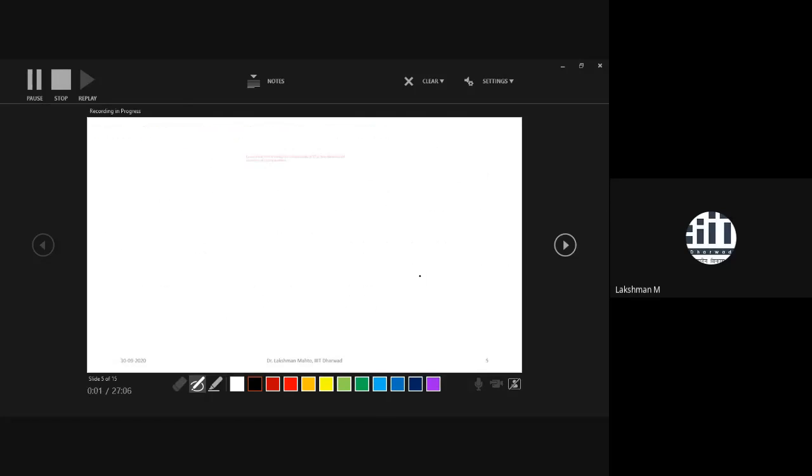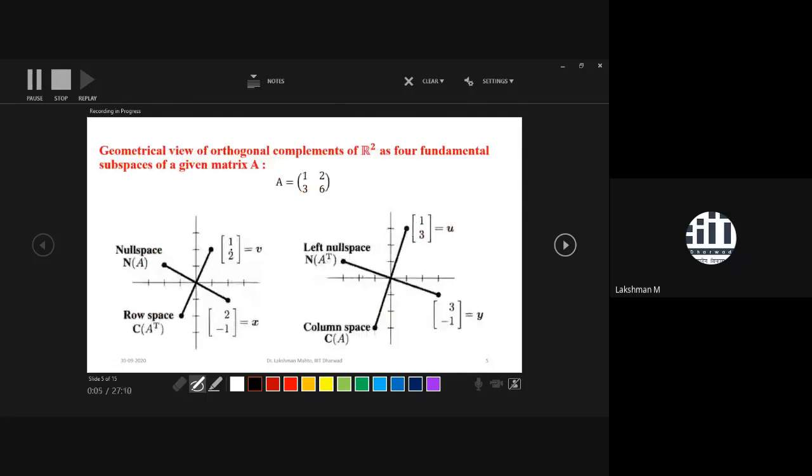One example I will give you here from the four fundamental subspaces. Suppose V is the row space of a given matrix having first column 1 3 and second column 2 6. Then what would be the orthogonal complement of this?